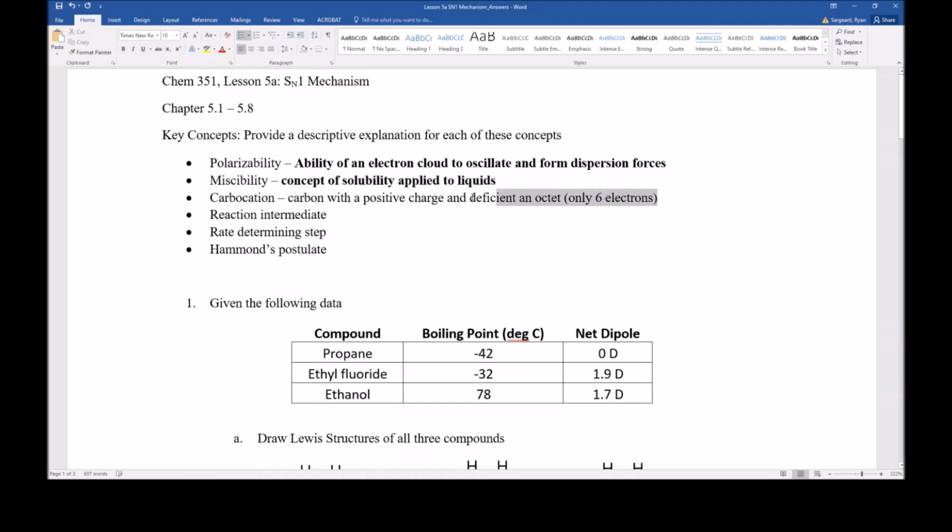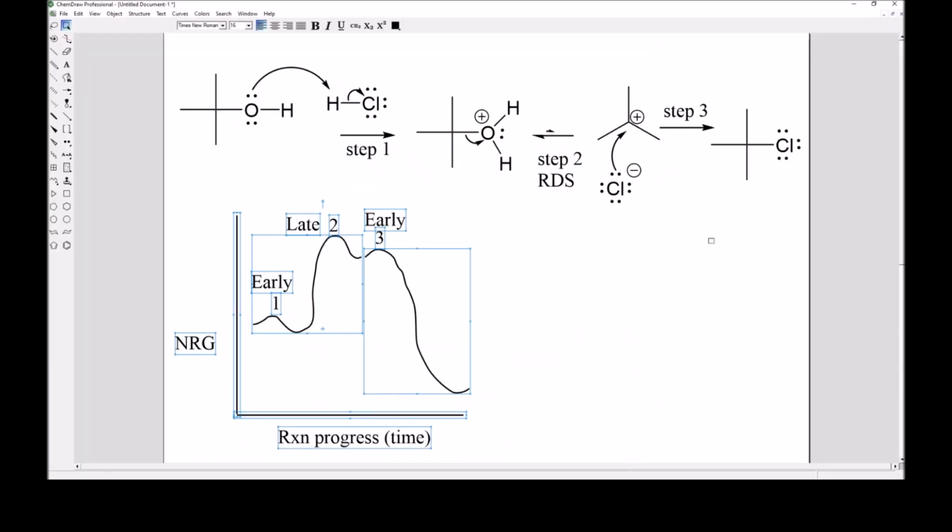It's kind of a way of spring-loading your system. You go ahead and you make something into a carbocation, and then you try to get it to do everything else. So the reaction intermediate is anything that's not a reactant or a product during the course of a reaction. So that is useful in the mechanism.